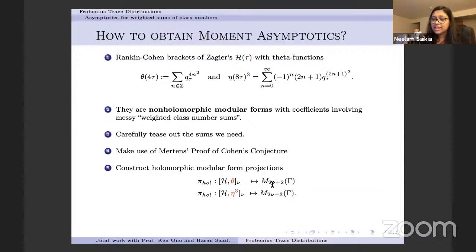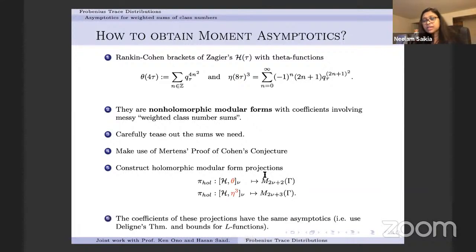Note that in all the expressions of the modular form, we have weighted sums of class numbers, because we use Jacobi's function.